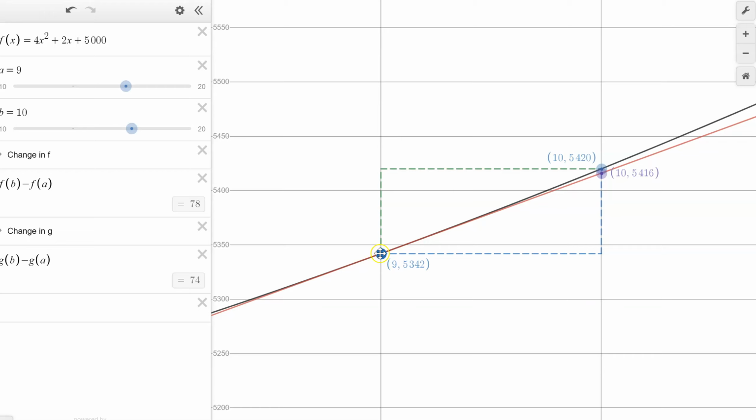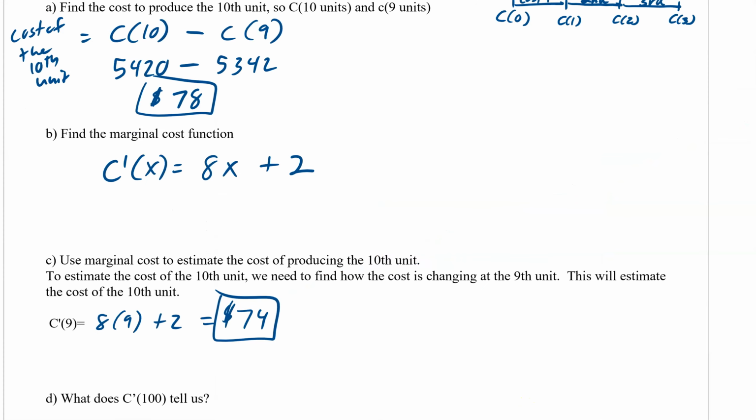Now it's the same idea here, but our derivative is giving us the slope of the line. So at 9 is where we have to start to see what it costs for the 10th unit. If you put what it is actually for C prime, this is $74 per unit. So if we're at 9, then we know it's going to go up $74 for 1 unit to get to 10.